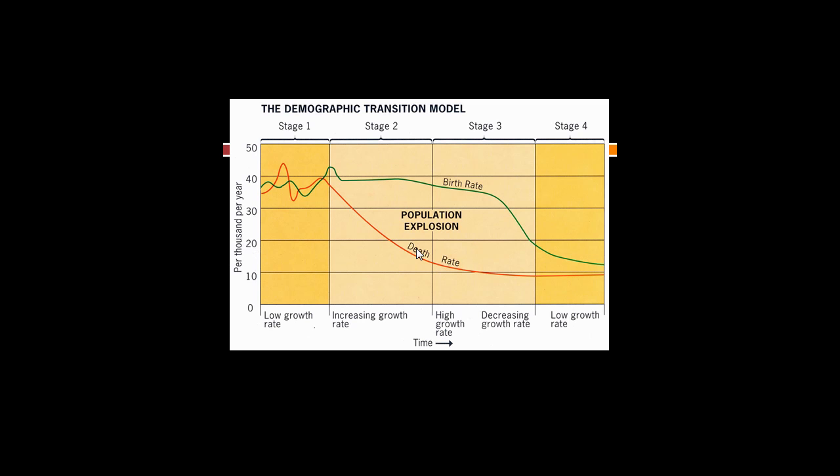Because what the railroad does is allow certain parts of the country to connect with other parts of the country, and thus food can travel along those routes, making it less likely that one part of the country would have an episode of starvation. So it's primarily then technology that drops the death rate in stage 2.